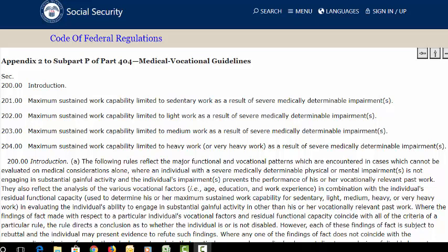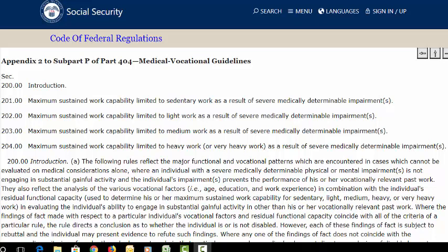So first of all, you're looking at the Code of Federal Regulations, which is the medical vocational guidelines that Social Security uses to determine if a case is going to be approved for disability benefits, and this is used when cases go to court. The judge will commonly work with the attorney or non-attorney representative and go through the guidelines in which an individual meets.